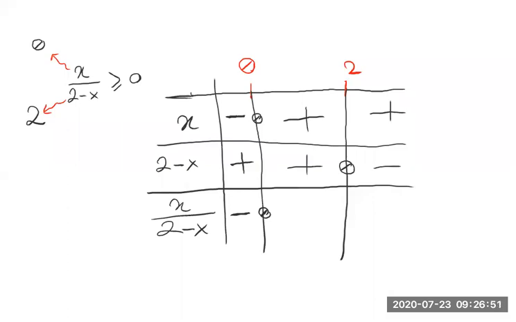If x is positive and 2 minus x is positive, positive divided by a positive number will be positive. It's just like plus times plus. Positive times positive is positive. If x is 2, 2 minus x will be 0 here. Denominator is not defined. So here it's not defined.